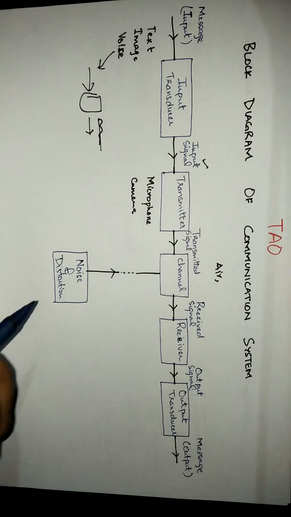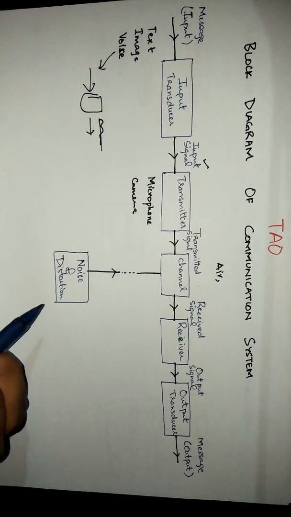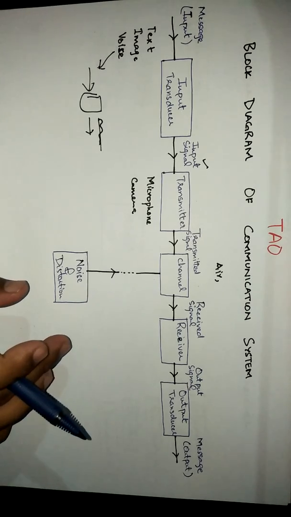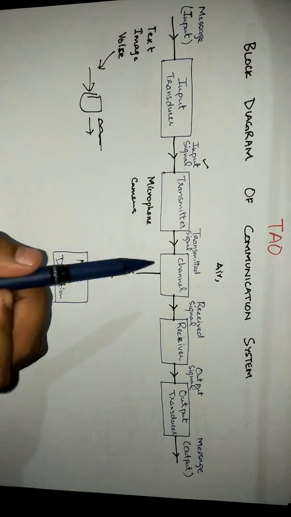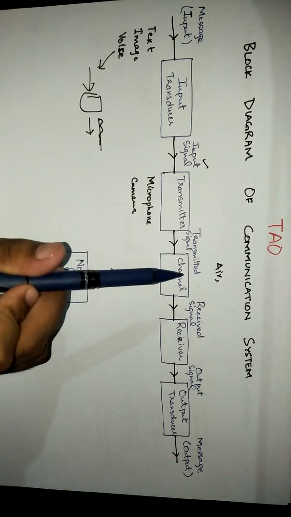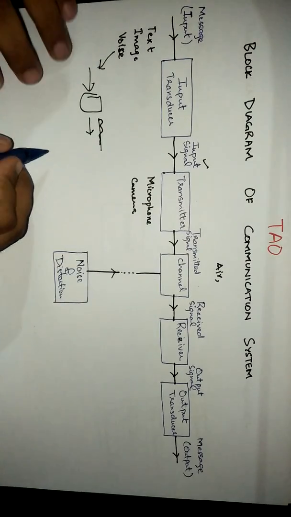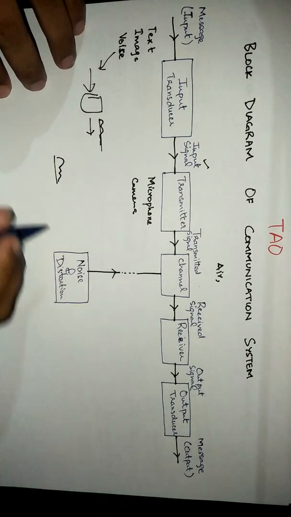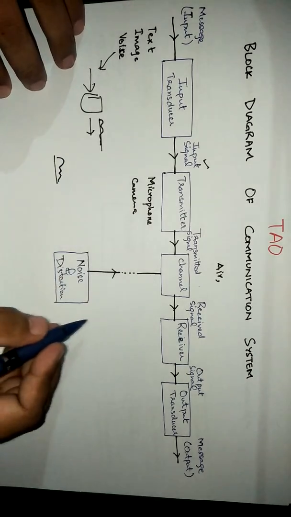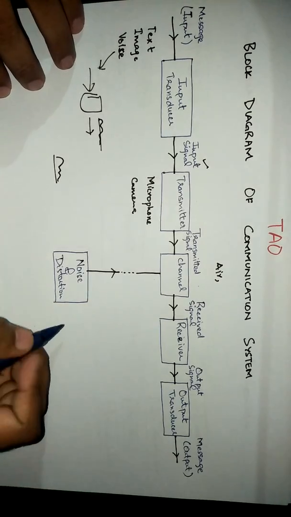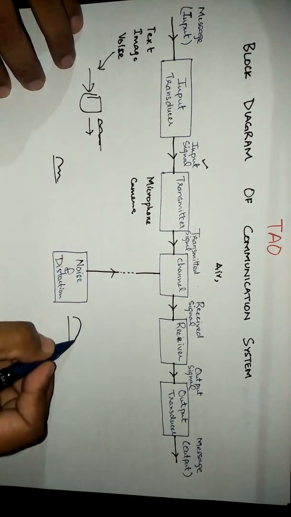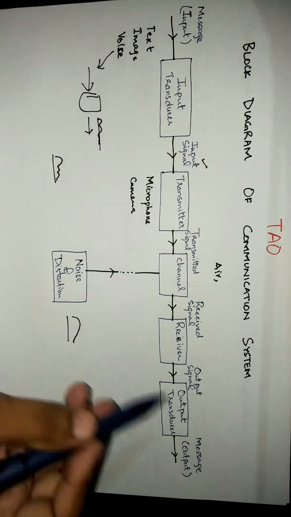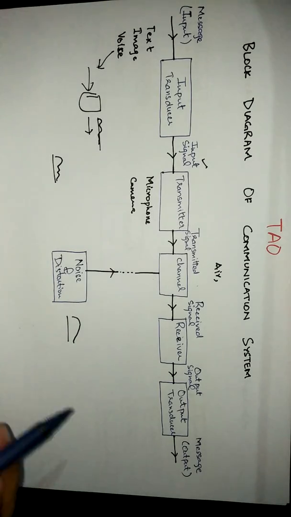Now what happens when noise and distortion come into play? Assume that there is some sort of noise in the channel that disturbs this transmitted signal. For example, the transmitted signal was sent like this, but due to noise after the channel, when it is received here at the receiver, it becomes something like this. So what happens when the output transducer converts it to the message?